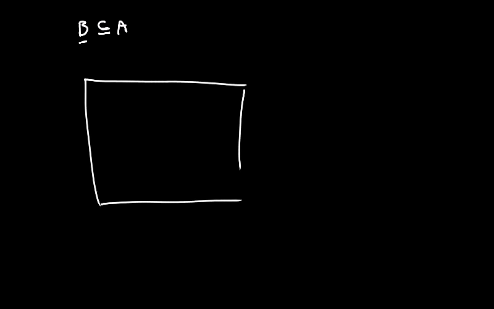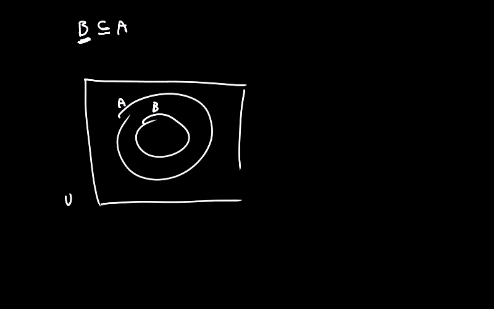Now looking at subsets, if I wanted to say that set B is a subset of A, remember that means that everything that is in B is also in A. So on a Venn diagram, this would be my universal set, and let's say this is set A, and remember everything in B is also in A, so B might look like this, and here's everything in B, which is also within A, and A is also within the universal set.